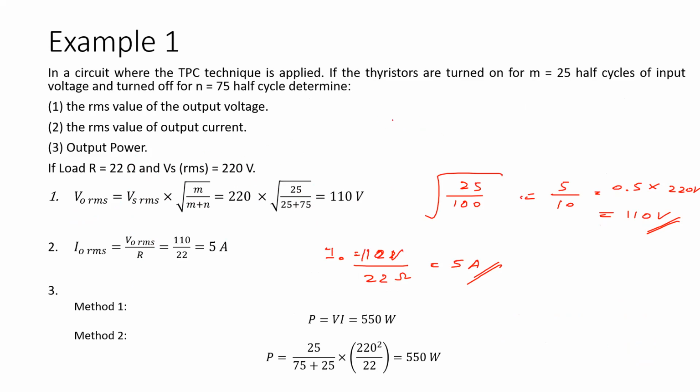The load is 22 ohms. If it is directly connected to your 220 volt supply, our power output will be 220 squared over 22. So this will come to, I think, 2200 watts, right? Yeah, I think so.